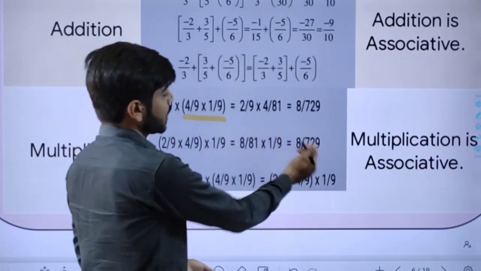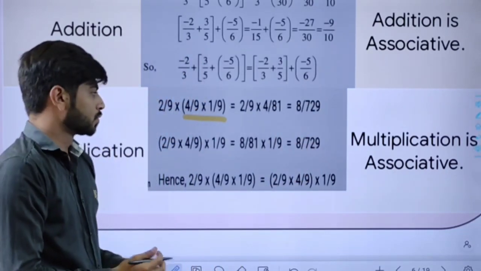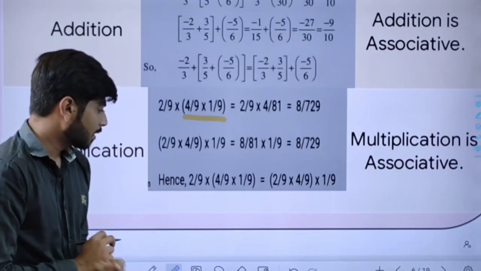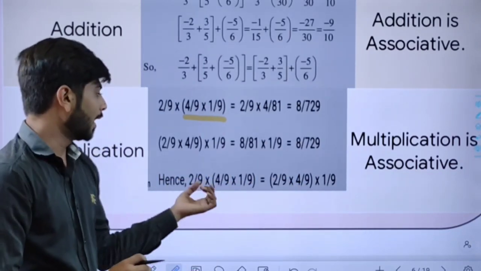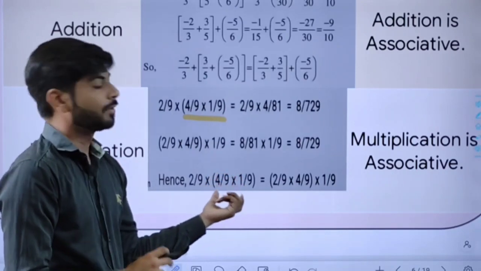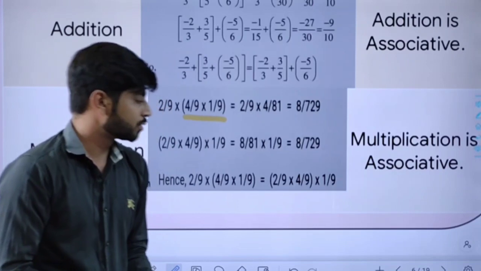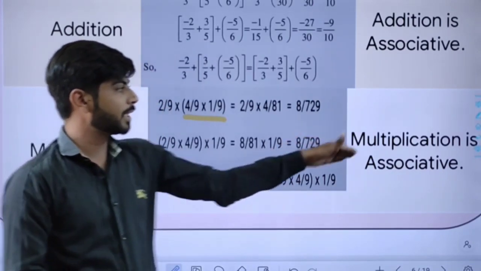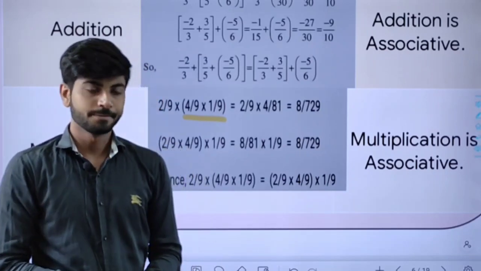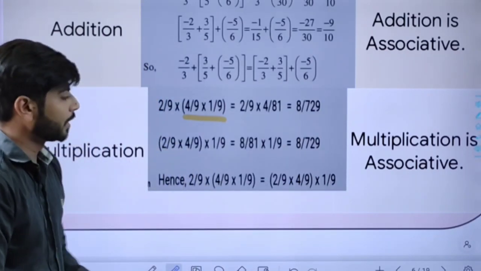Again we will get the same answer, 8 upon 729. So again we can say, if we change the group, whether we multiply the last two numbers first or the first two numbers, we will get the same answer. So multiplication is associative. Okay, so this is the associative property.